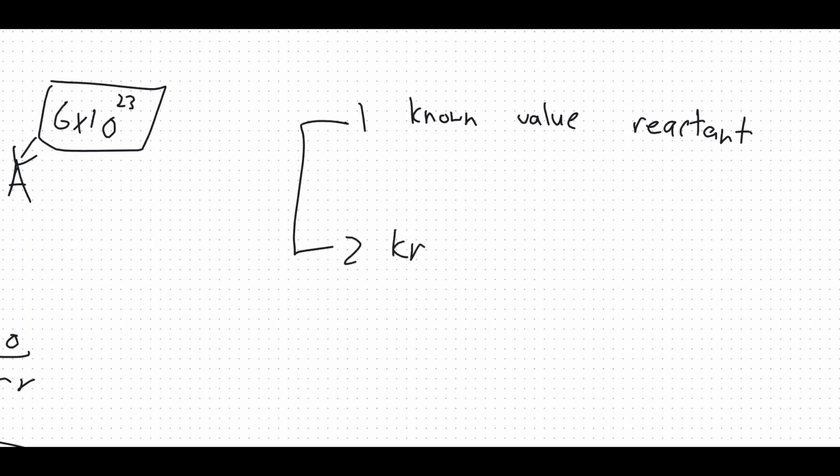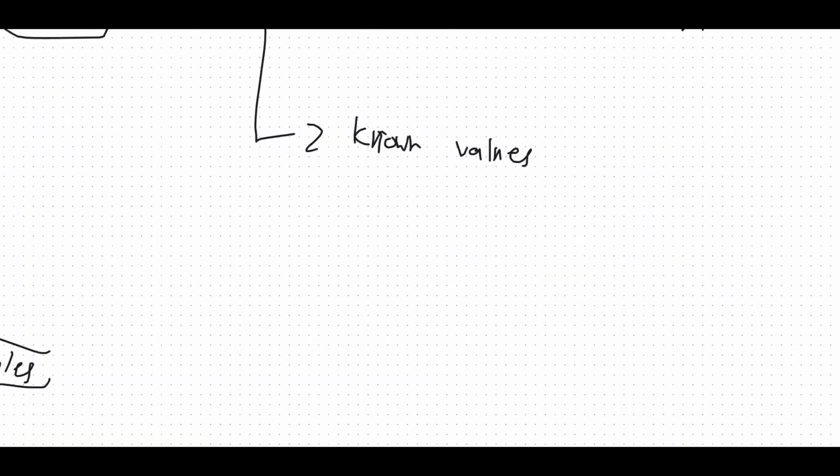When you have two known values, you can't simply use the ratio method. There is another method you have to use, and that method is called excess or limiting. So when do you use excess and limiting? You use it when you have two known values in your reactants.